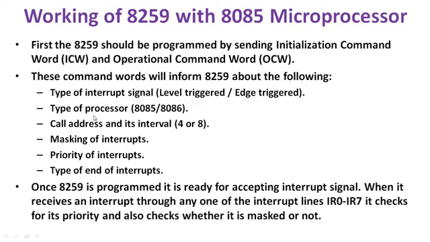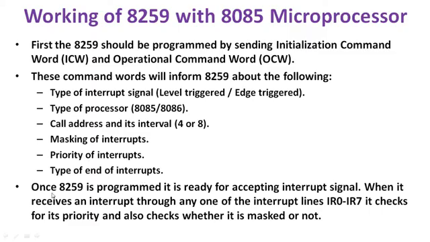Then we can configure which processor we are going to interface to 8259, that is 8085 or 8086. Here 8085 is an 8-bit processor and 8086 is a 16-bit processor. Then call address and its interval, so we can configure the interval of 4 clocks or 8 clocks. Then masking of interrupts, then priority of interrupts, and the type of end of interrupts.